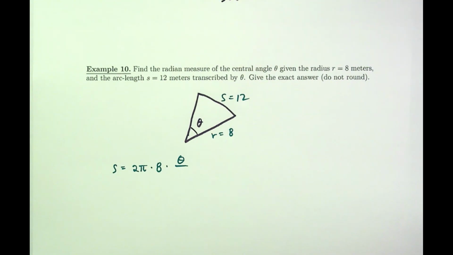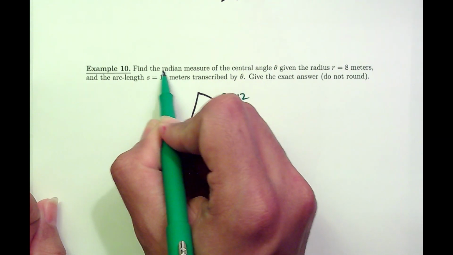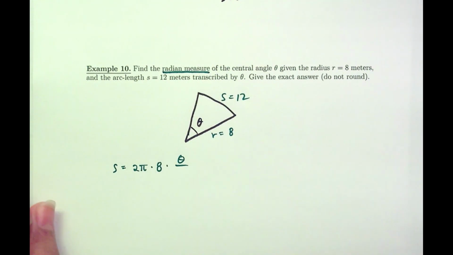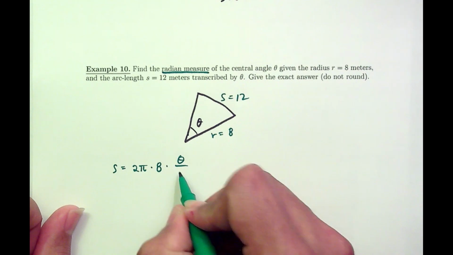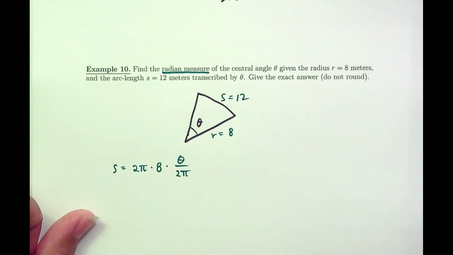So what is the total here? Is it in degrees or in radians? If you said radians, then you're right because it's right there. So it's in radians, which means I want to divide by 2 pi, not by 360.